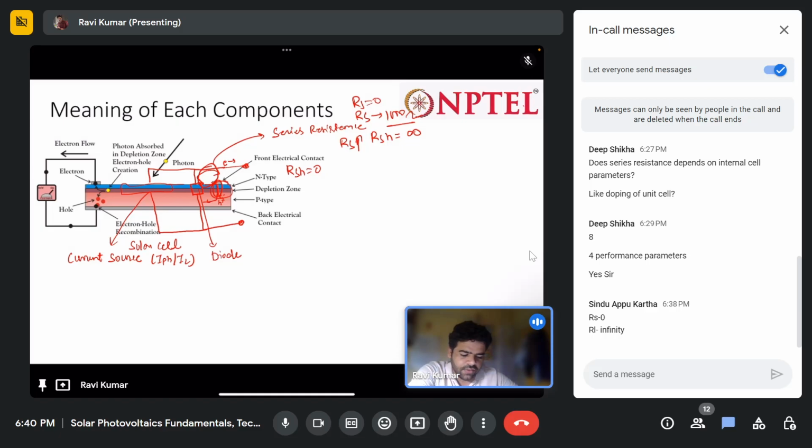So no current will flow through this outside circuit. All current that will be generated from other parts of the solar cell will sink inside the solar cell itself. I hope it is clear.